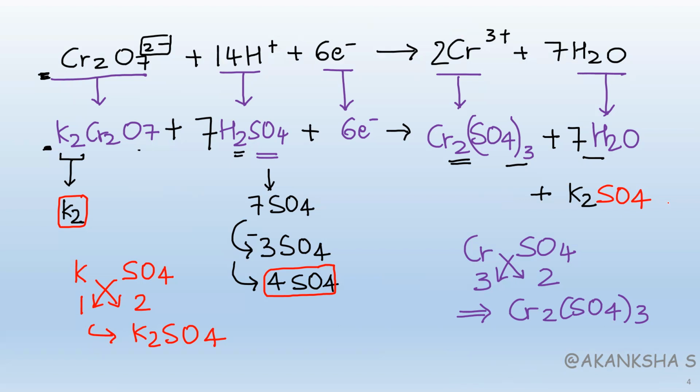Now, one might ask, ma'am, where do the remaining sulfates go? For that, you need the other reactant. Suppose you want to convert iodide to iodine, or ferric to ferrate. At that time, the excess sulfates also get utilized, or we get some more potassiums from the reaction.